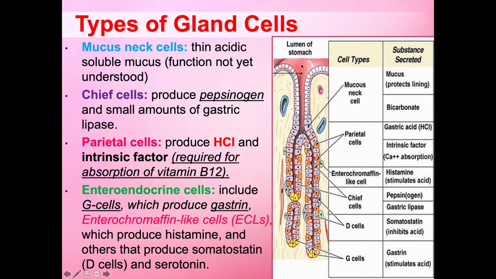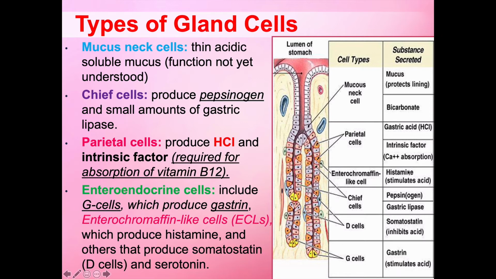It is forming the hydrochloric acid inside the stomach. Then the enteroendocrine cells produce gastrin, and the enterochromaffin-like cells produce histamine. So the main thing is pepsinogen. I will tell you the use of pepsinogen.